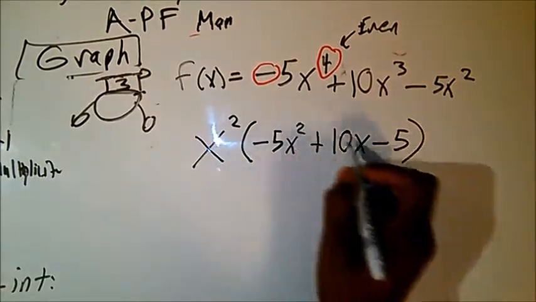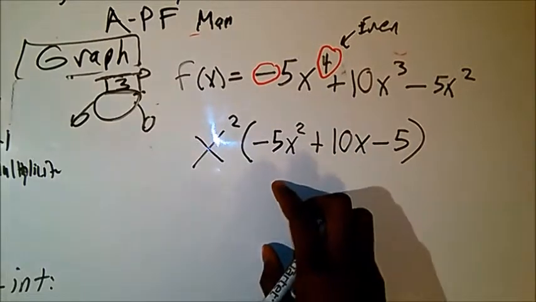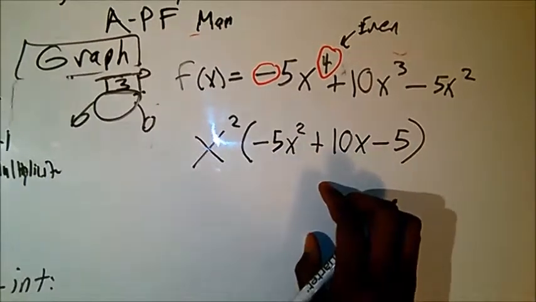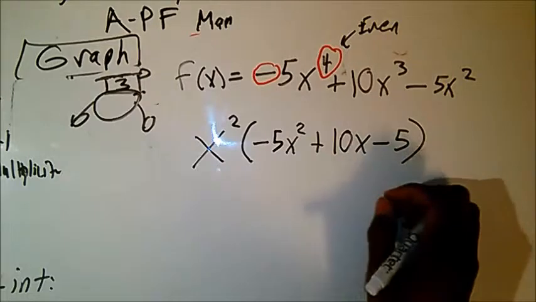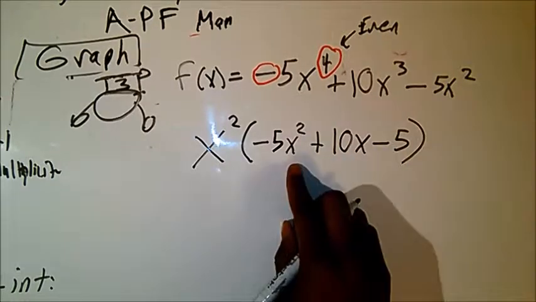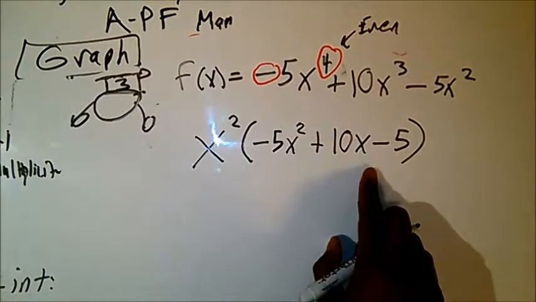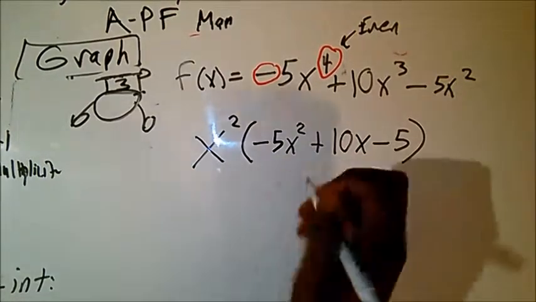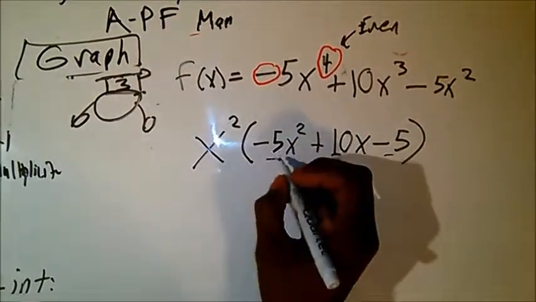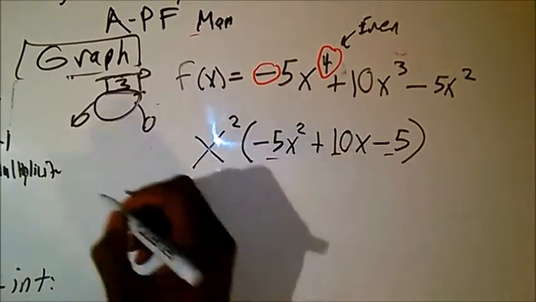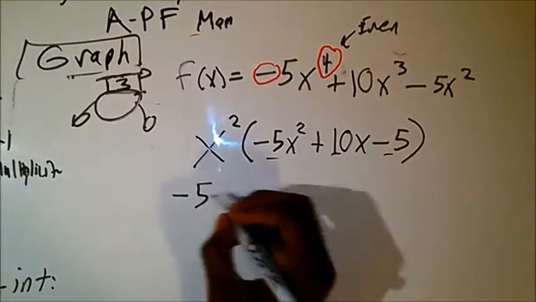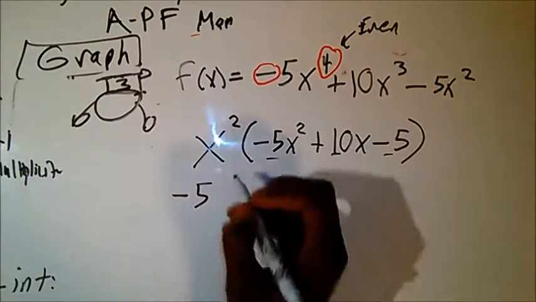Okay. And now we have to ask ourselves, can this be factored further? And we probably can. We can factor out the 5. So if you got this on the first trial, you can try to factor out other stuff. Let's factor out -5 and see what we get.